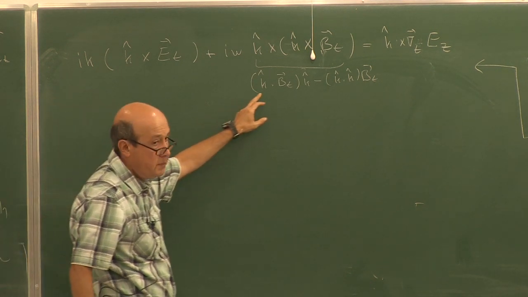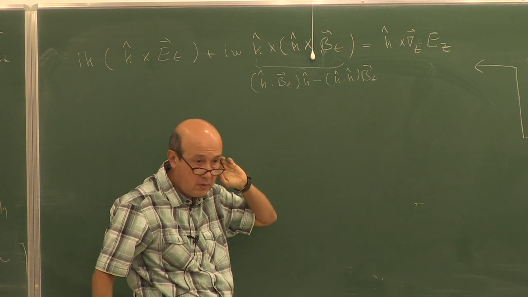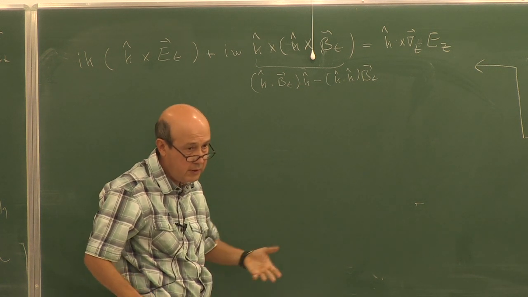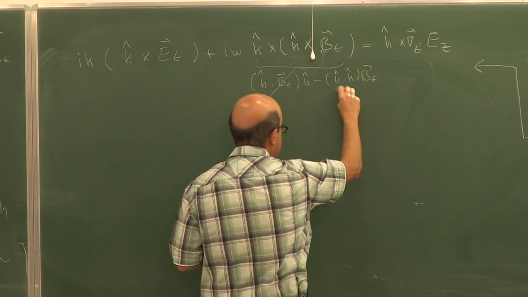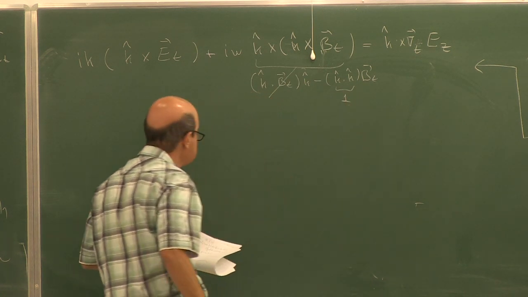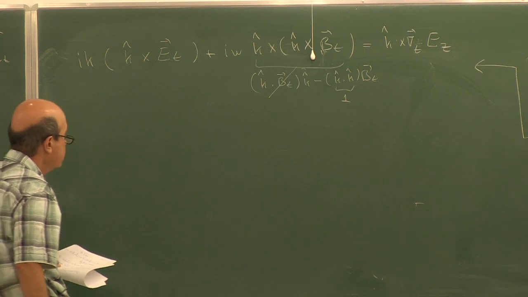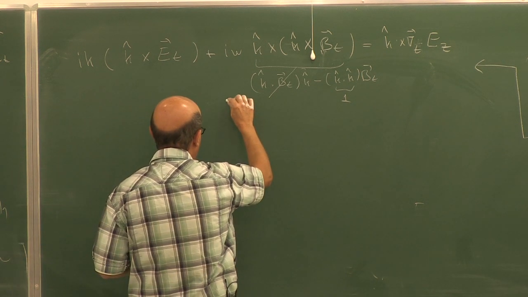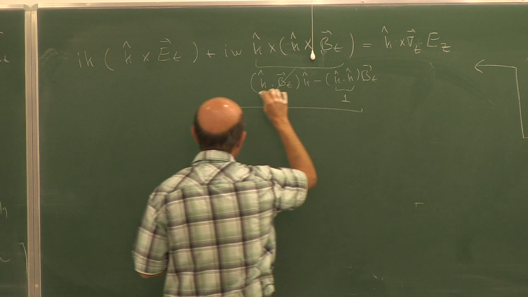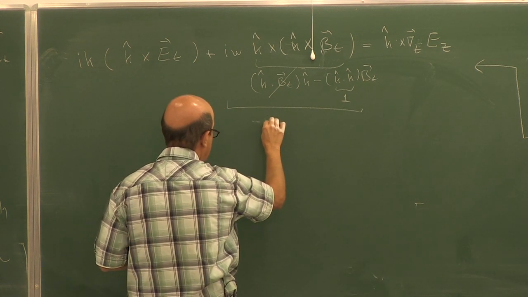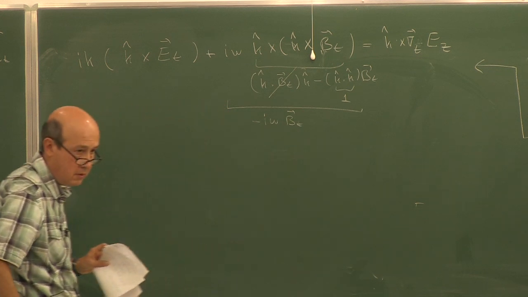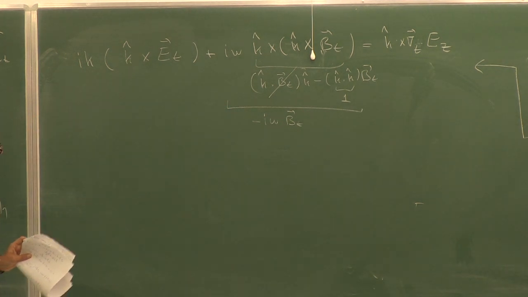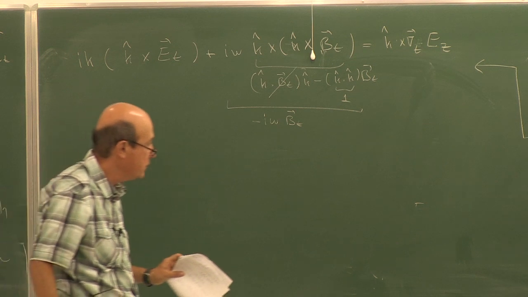What is k dot B transverse? 0, since k is along the z component, that is 0. Good. And k dot k is 1. So basically, the whole middle term is equal to what? Minus i omega B transverse. Okay? So B transverse is alone.